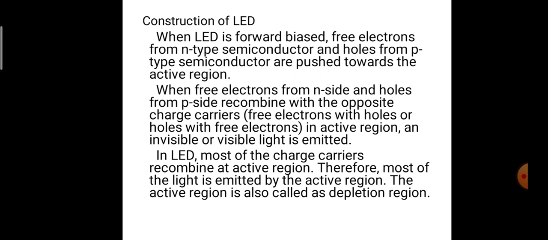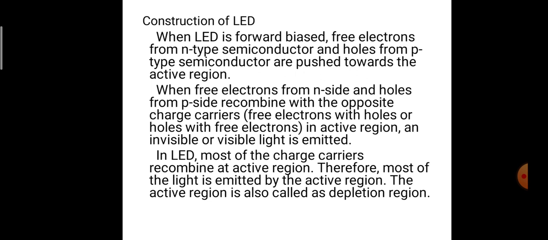When LED is forward biased, free electrons from N-type semiconductor and holes from P-type semiconductor are driven towards the active region. When free electrons from N side and holes from P side recombine with the opposite charge carriers, that is, free electrons with holes or holes with free electrons in active region, an invisible or visible light is emitted.